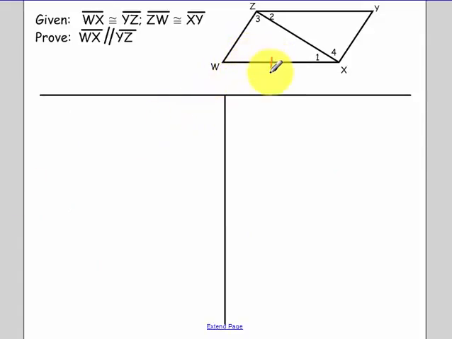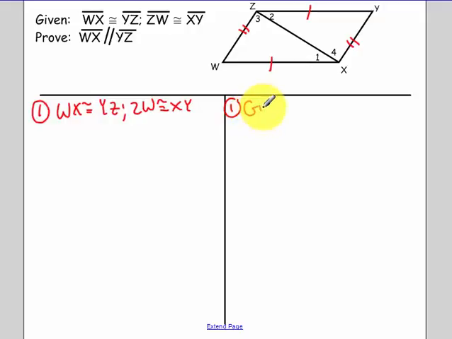WX is congruent to YZ. ZW is congruent to XY. So our first step, we're given WX congruent to YZ, and ZW is congruent to XY, and we are given that.